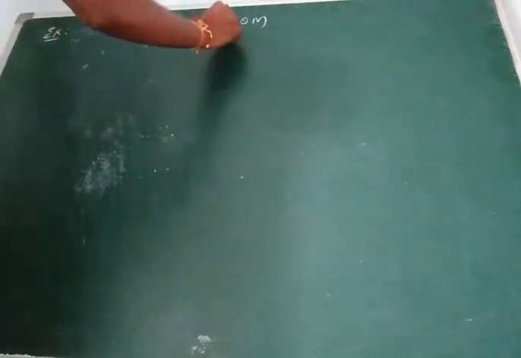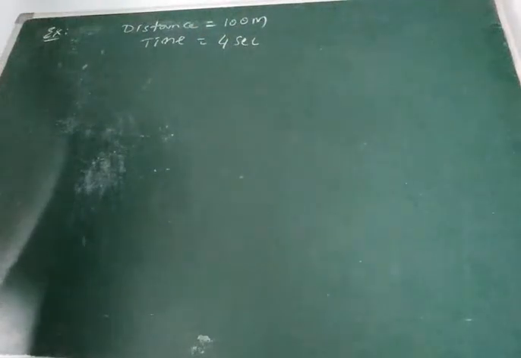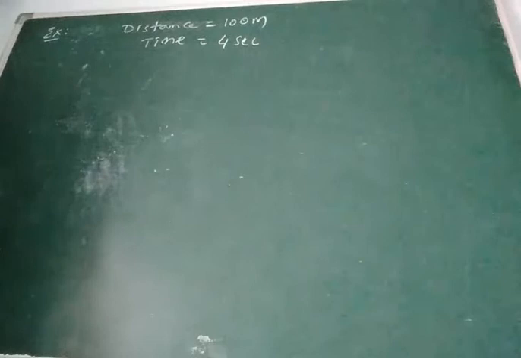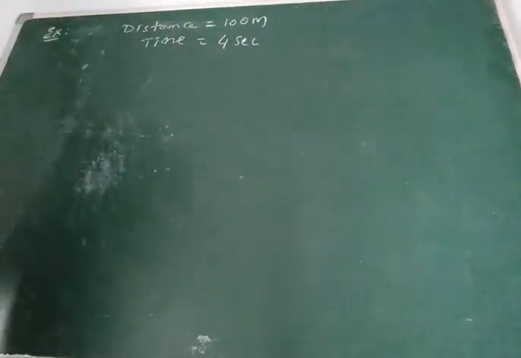Now, a body covers a distance of 100 meters in 4 seconds, and what is its speed?